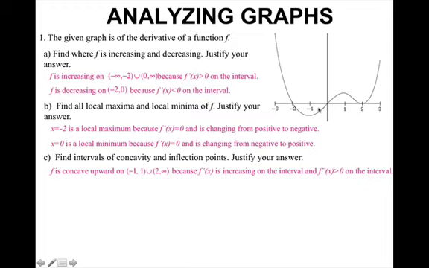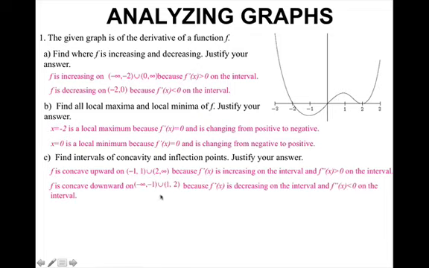So given the graph of the first derivative, the original graph is concave upward when the first derivative's graph is increasing. So that's what I did, is I found when this graph is increasing. This graph is increasing from negative 1 to 1 and from 2 to infinity. This is also where if I was to draw tangent lines on this graph, and those tangent lines would represent the second derivative, they would be positive slopes.